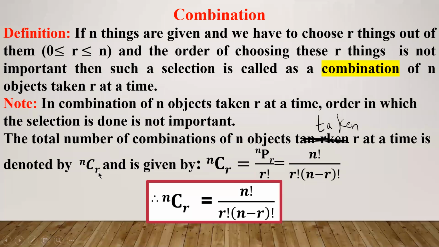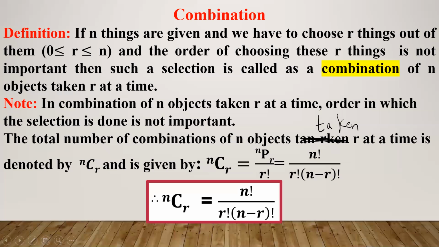Just as we had nPr, P for permutation, here C is for combination. So out of n, we are selecting r objects and forming a group. So it is combination. So nCr is given by the formula nPr divided by r factorial.